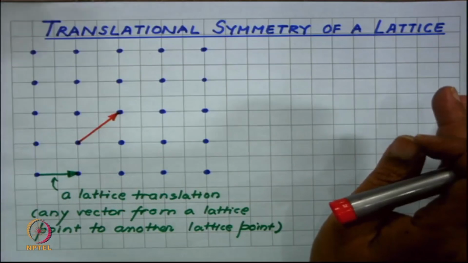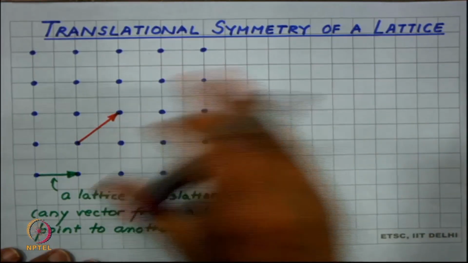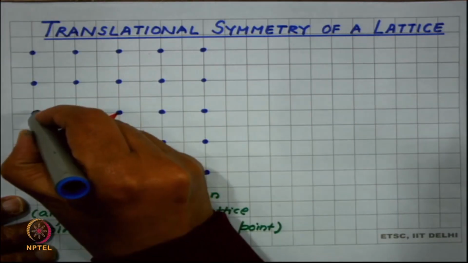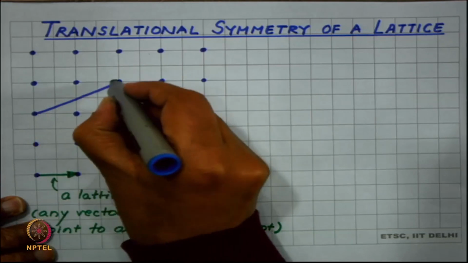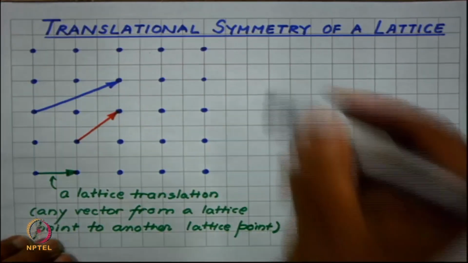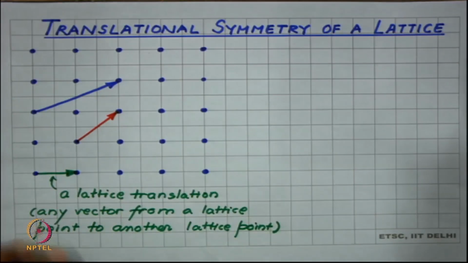So, the lattice is self coincident with respect to many different lattice translations. All of them are symmetry operations of this lattice. In fact, the translational symmetry is the defining symmetry of the lattice.